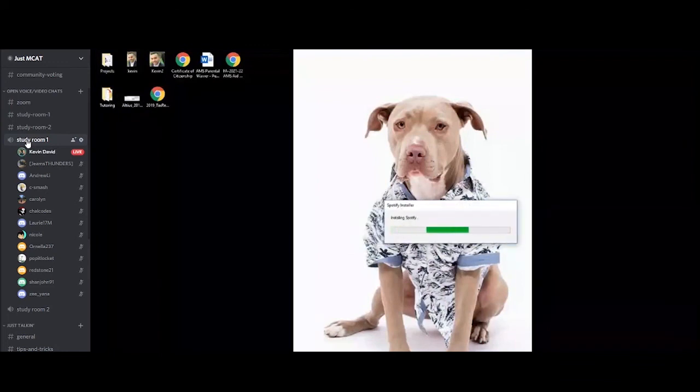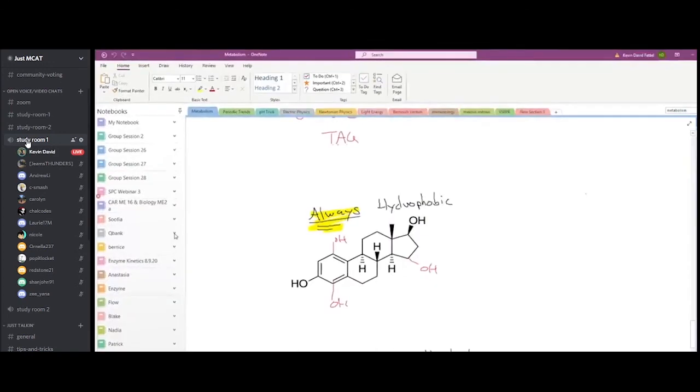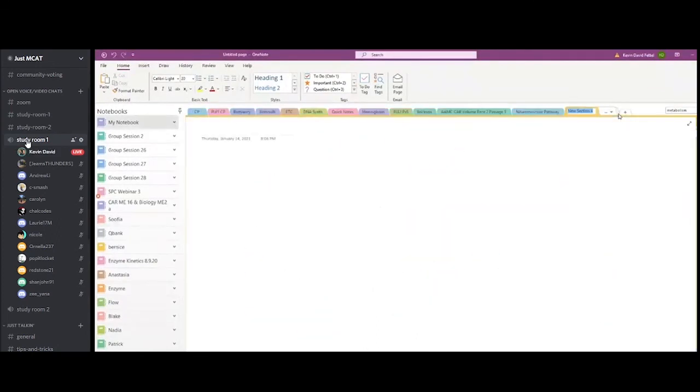It's telling Spotify to click the wrong button. What happened? Guys, I need a new computer, so let's see here. All right, high yield psych-soc, here we go. Maybe Andrew could teach this to us.